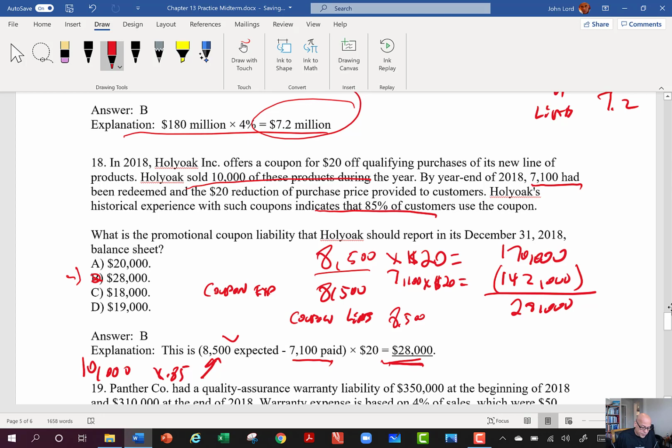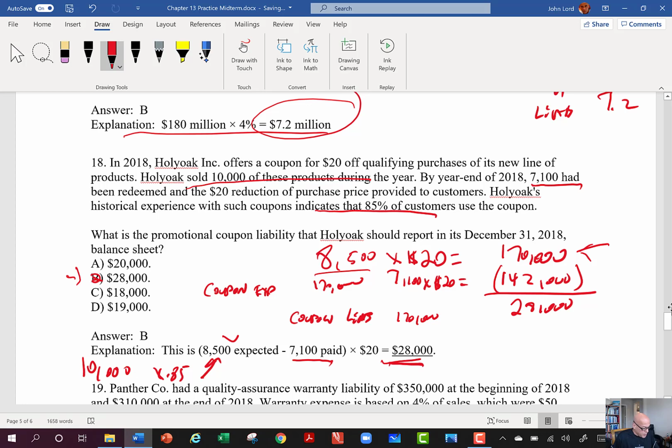Coupon expense is not 8,500, guys. It's 170,000. And coupon liability is 170,000. That's what went into the liability account.